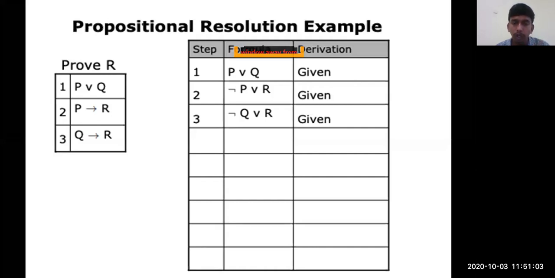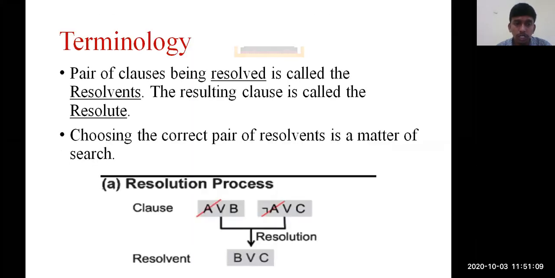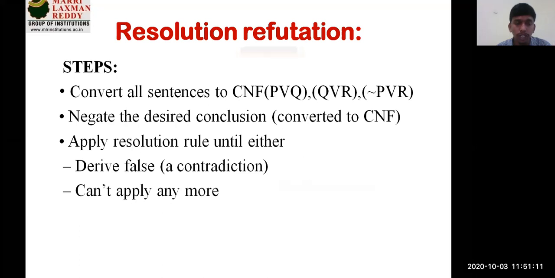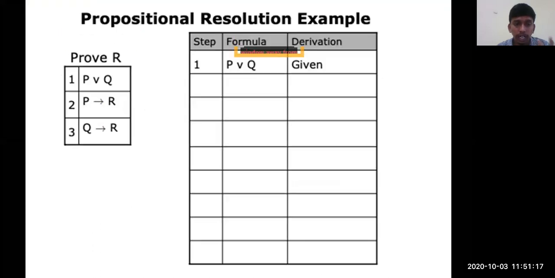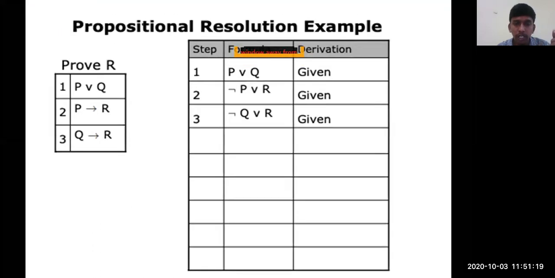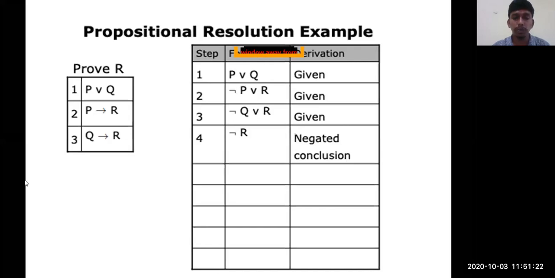Now, because all the premises are in conjunctive normal form, we need to go for the next step, that is negate the desired conclusion. The conclusion that you're given needs to be taken, and negation needs to be applied to it. That is your step 4, what you can see here. The given conclusion is R.